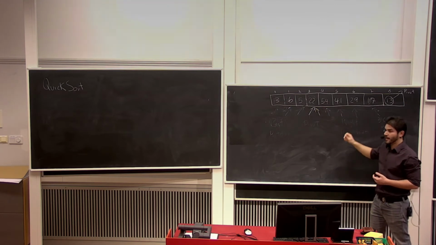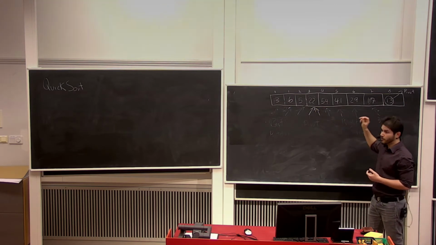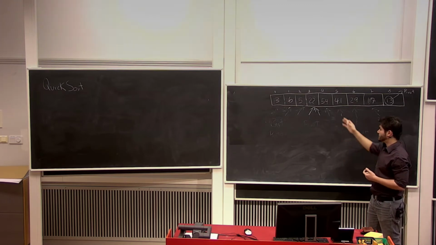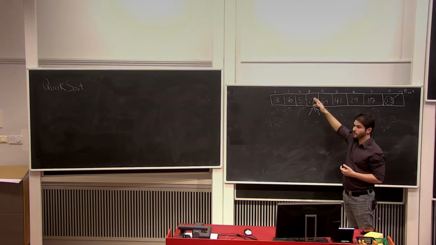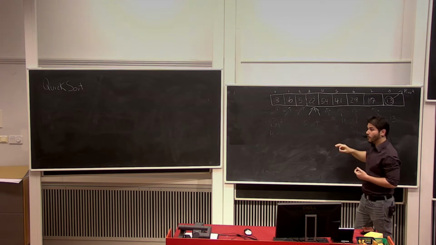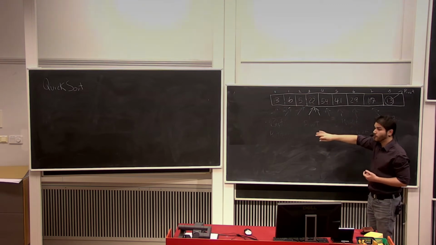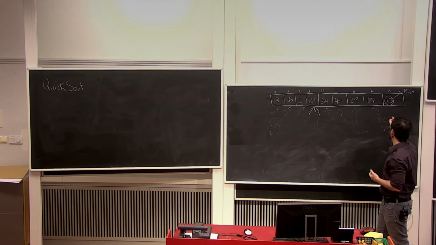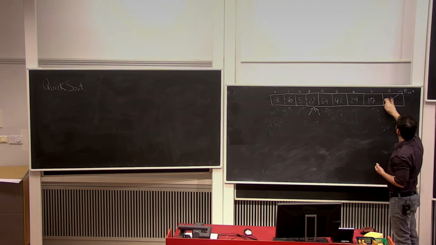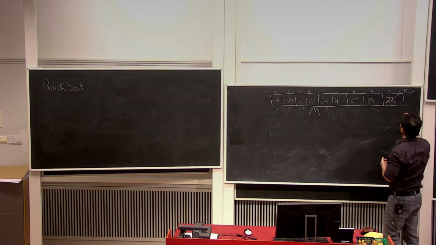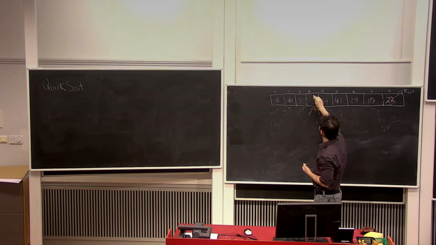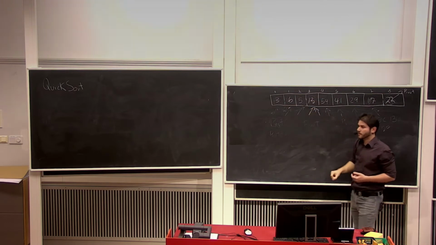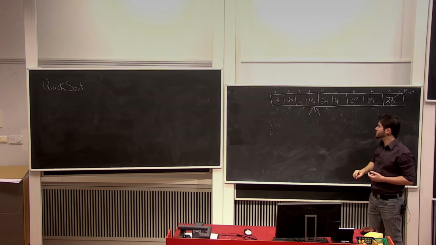And remember, every time that the pointers meet, in this case, they meet in position 3 with the 22, then what we're going to do is that we swap with the pivot. We will swap that number with the pivot. So in this case, 22 is going to be swapped with 13, which is going to be put in this position.